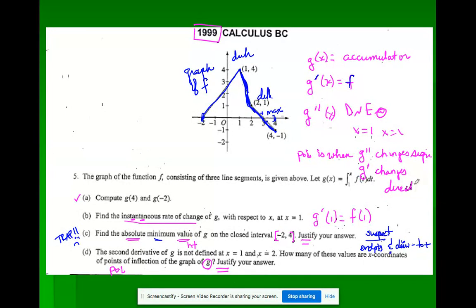Which one of those places where the second derivative does not exist or the first derivative changes direction happens? Is that 1 or 2 or both?